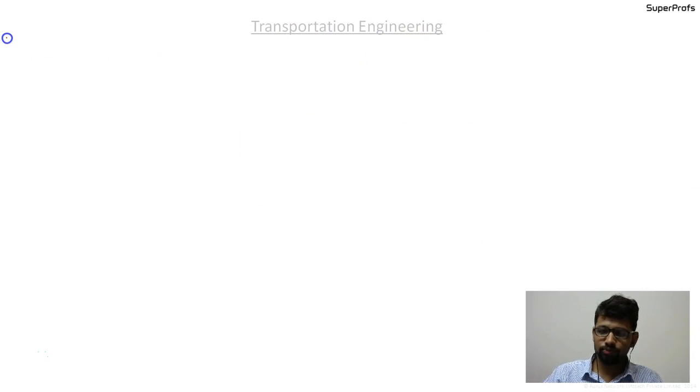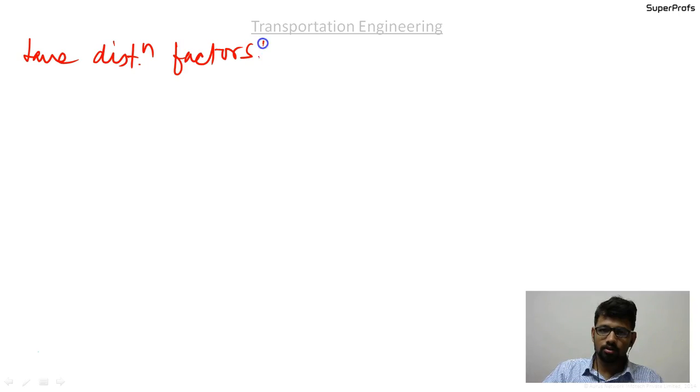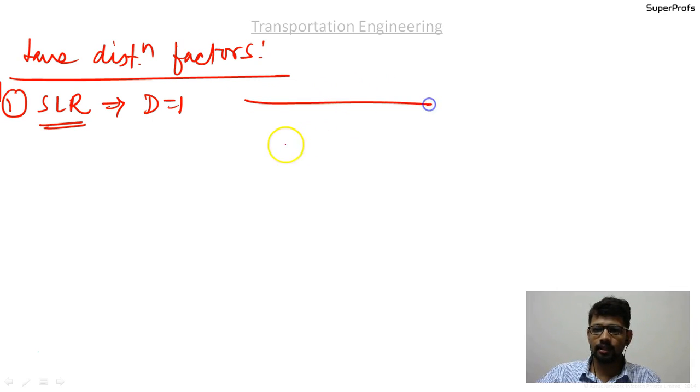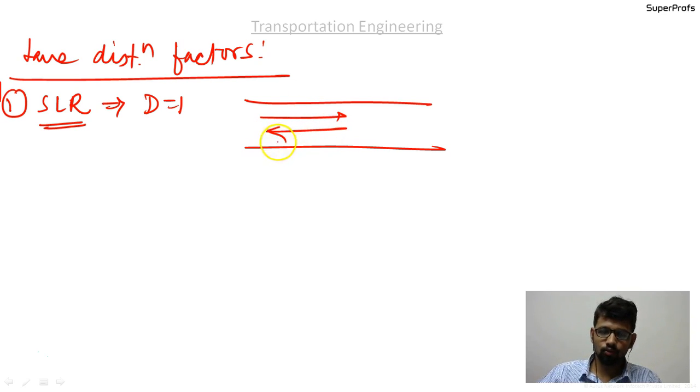The lane distribution factors we will discuss. Case 1: on a single lane road, the lane distribution factor D is equal to 1. There is a single lane road, vehicles are moving like this and like this, so in this case the lane distribution factor is 1.